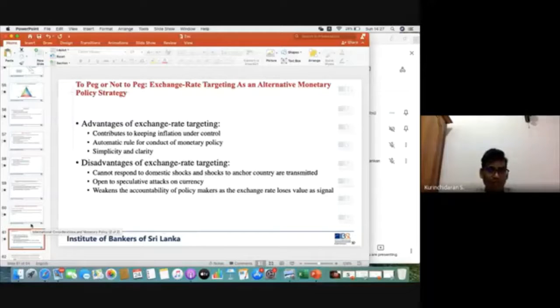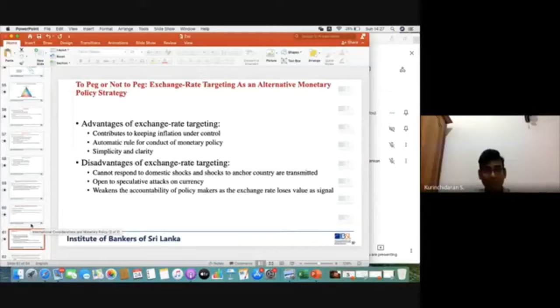When you look at the advantages of exchange rate targeting, it contributes to keeping inflation under control, because now you are going to fix the exchange rate. One example is if you are going to import, the price is fixed always, right?